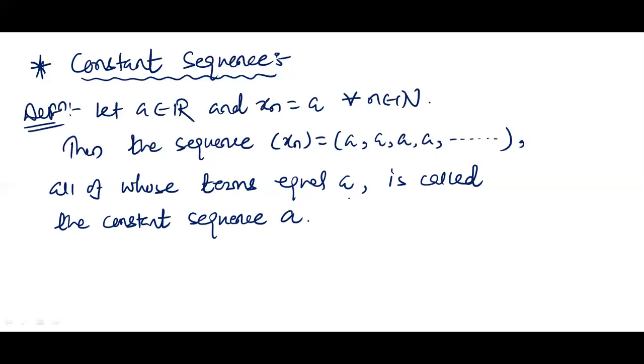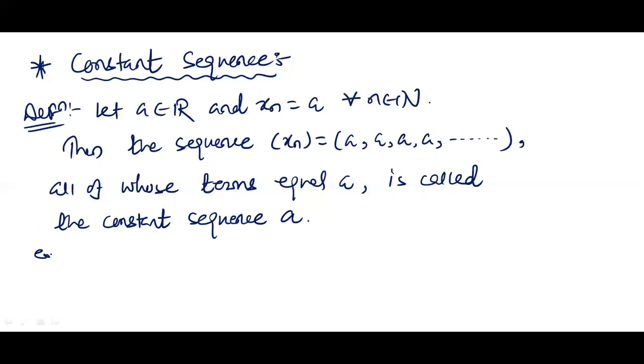Here you can note that a is a real number and we are taking xn equal to a for n equal to 1, 2, 3, 4, and so on. Means the first term of the sequence is a, second term is a, third term is also a, fourth term is also a. Actually, all terms equal a, and this type of sequence is called a constant sequence a.